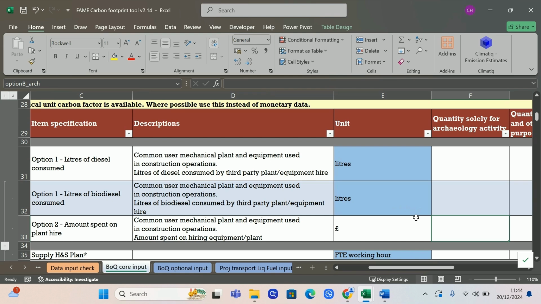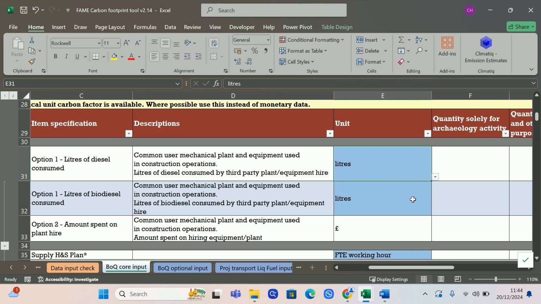So to run through that, the preferred unit would be litres of diesel for all plant and equipment hire. If that's not possible, then for all plant and equipment hire, excavators and temporary site accommodation, it would be the amount spent on diesel or biodiesel.